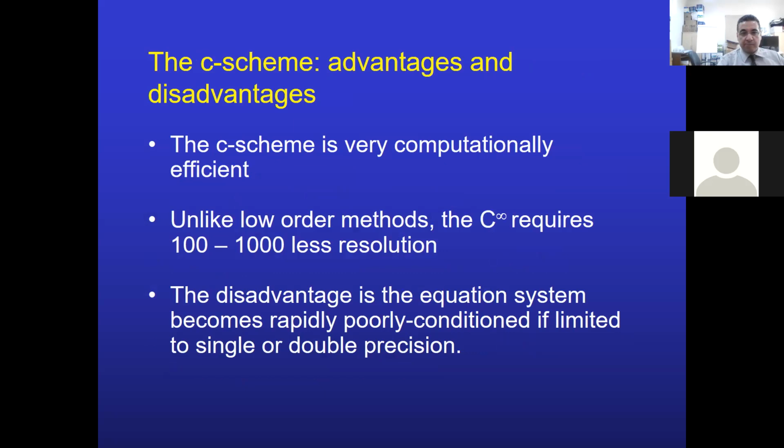So, like I said, the C scheme where you increase the shape parameter is computationally efficient. Anyway, with this, you can use 100 to 1,000 times less resolution. And with the new process that I just showed at BEM44, you could even do better. So the thing is, you can't use single or double precision if you want to do this.